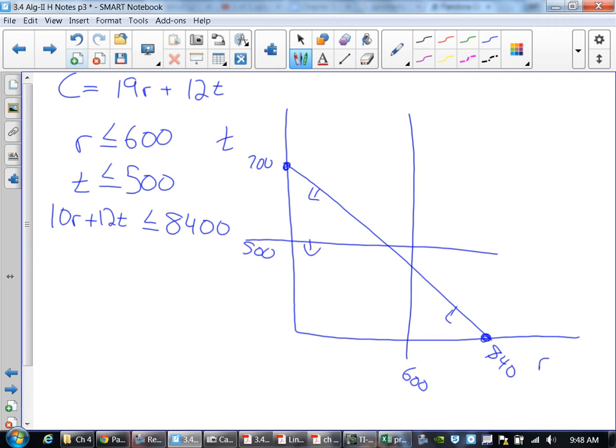And we'll go inward again. These are always nice when they're on verticals. So I have ordered pairs here at 600, comma, well, this is going to be 6,000. 8,400 minus 6,000 gives me 2,400, which gives me 200. Very good.